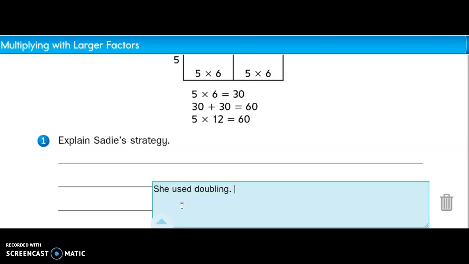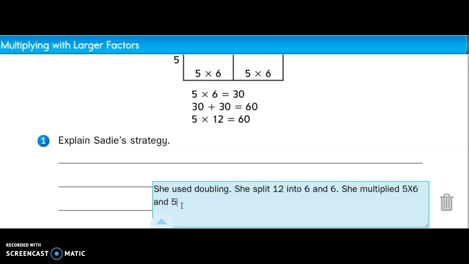I would write, she split 12 into 6 and 6. She multiplied 5 times 6.